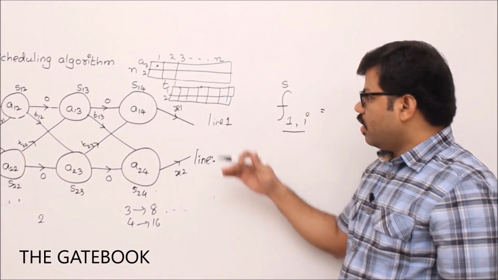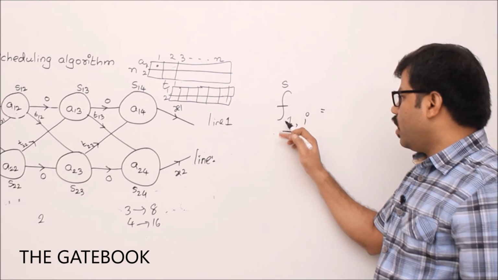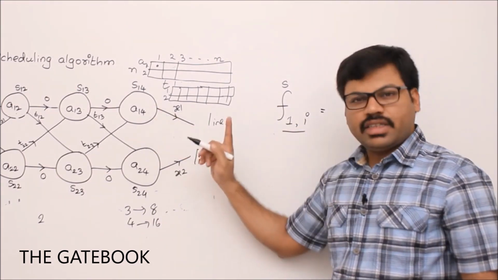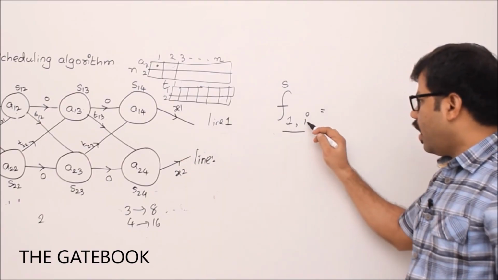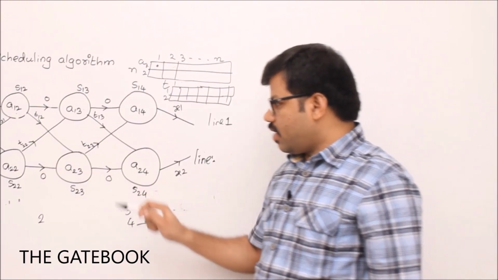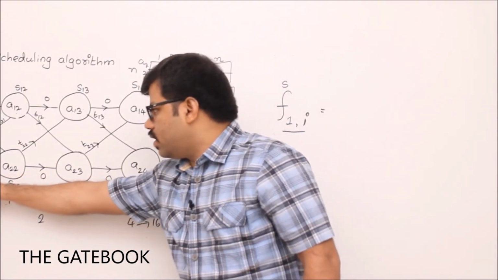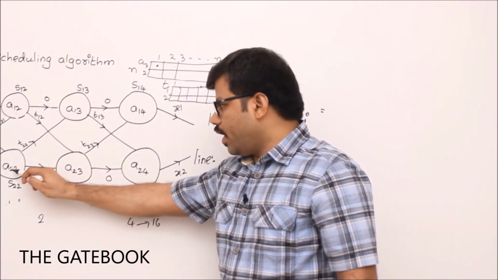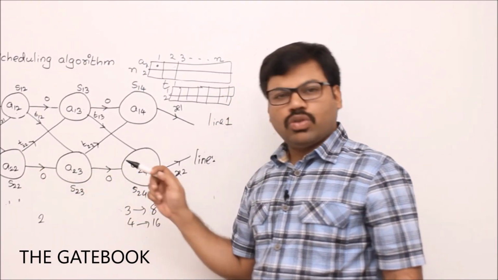Then for that, we are introducing a variable f1 comma i. What is f1 comma i, I will tell you. Every path has a cost, right? And every path is going through some stage, correct? For example, if you take this path, that path is coming through A22, coming through A23, and so on, right?